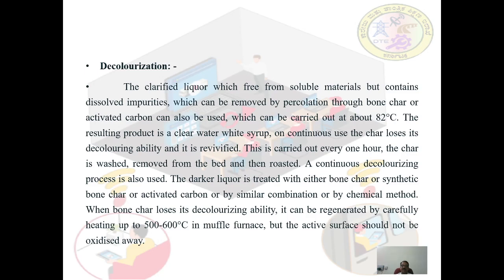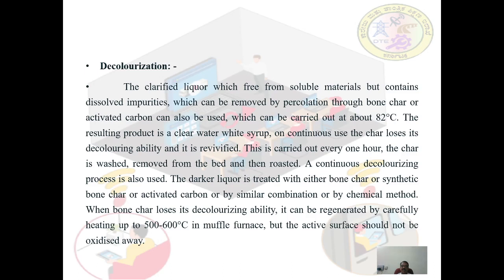On continuous use, the char loses its decoloring ability and it is vivified or regenerated. This is carried out every 1 hour. The char is washed, removed from the bed and then roasted.